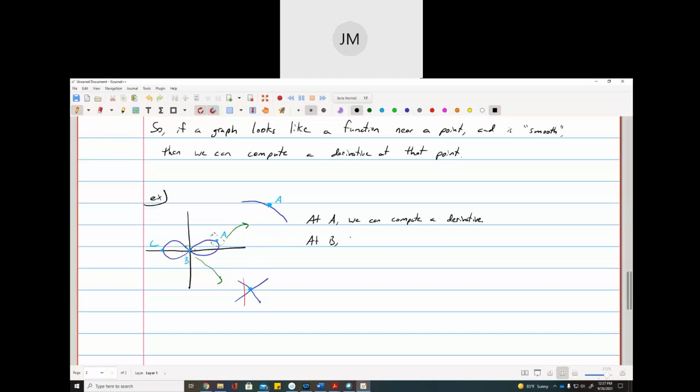So at B, the graph never looks like a function, no matter how closely we zoom in. So no derivative there.